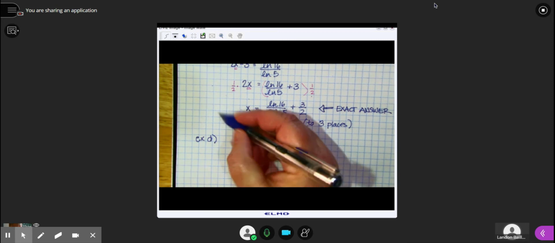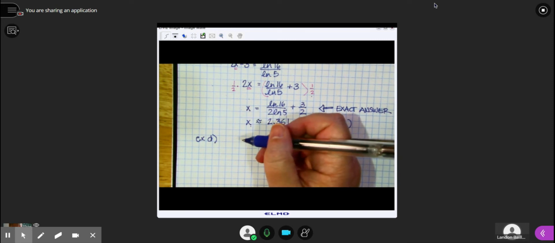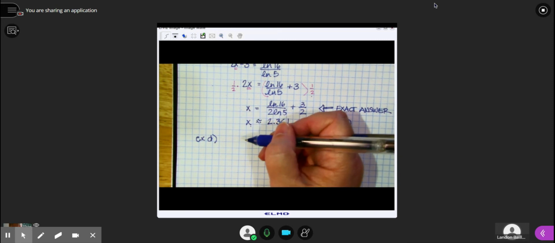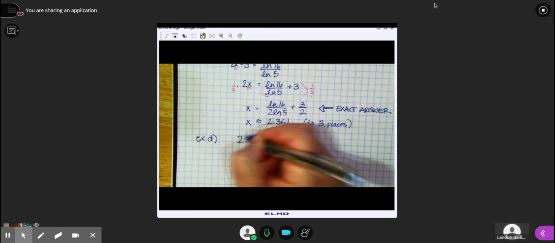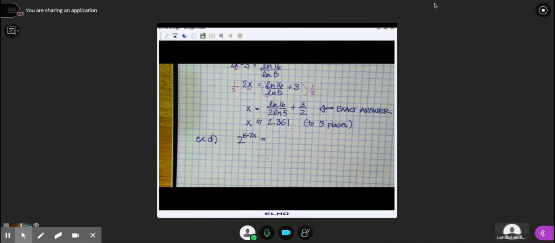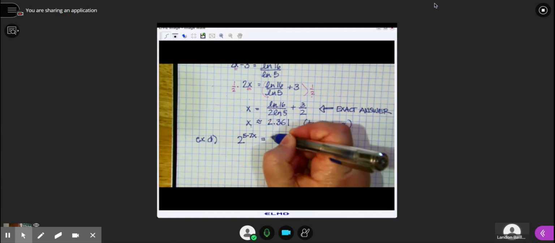All right, so let's solve 2 to the 5 minus 7x is equal to 15.